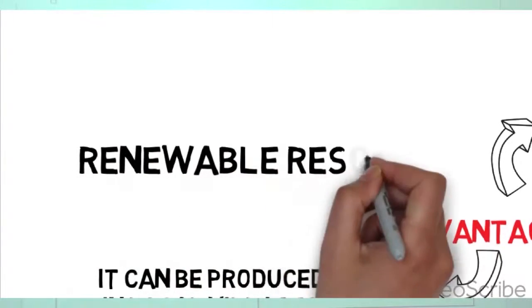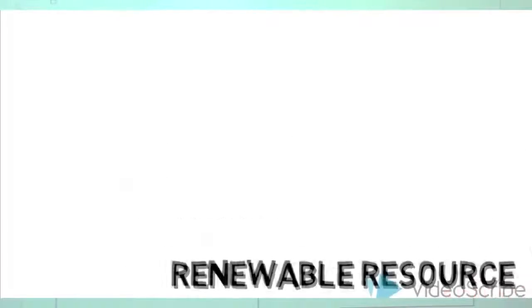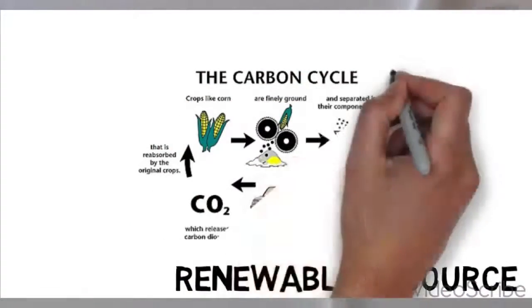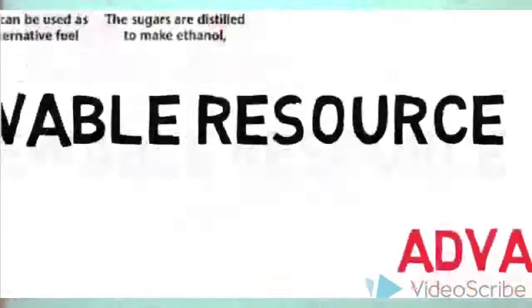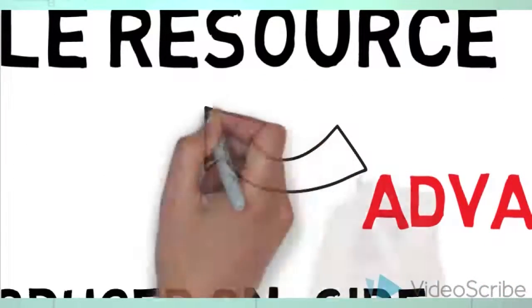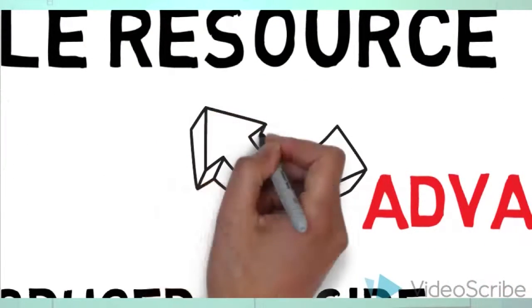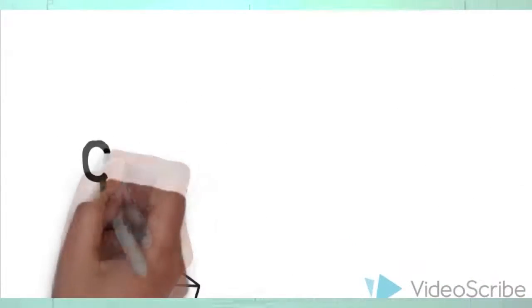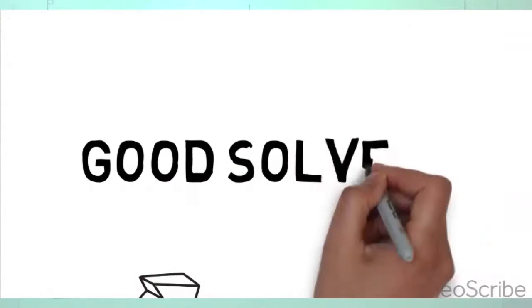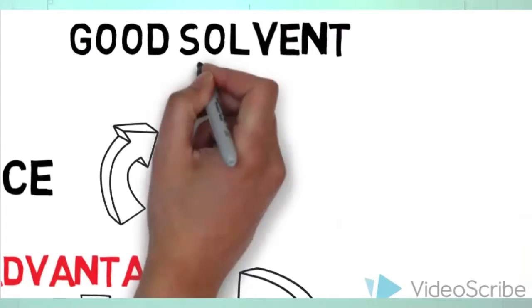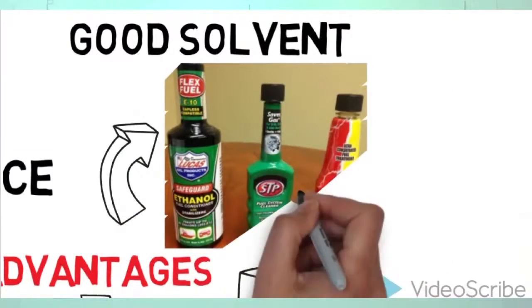It means that we can obtain these resources over and over again. Petrol comes from fossils, and fossils tend to run out eventually, within a couple of decades. Also, ethanol is a good solvent, and this property allows cleaning the engine so it lasts longer.